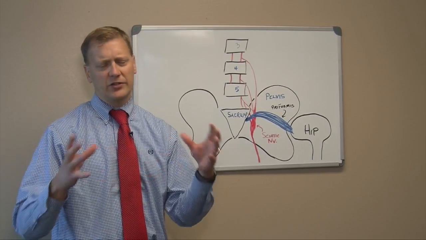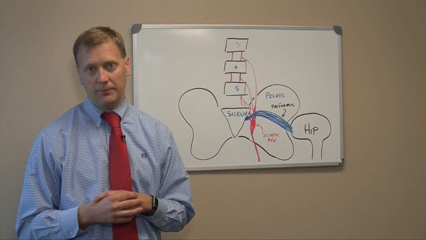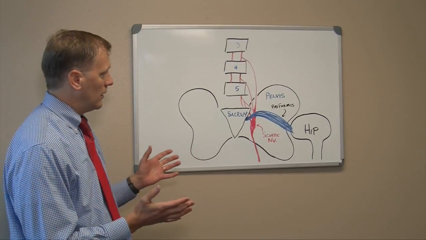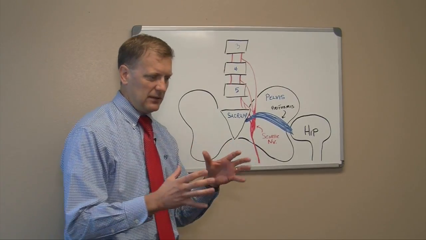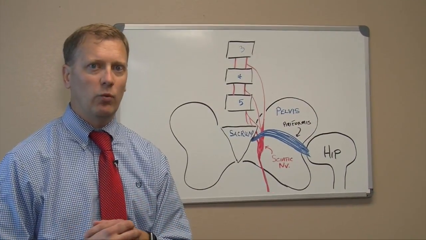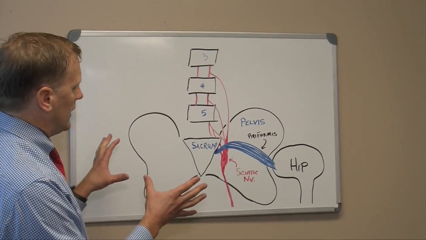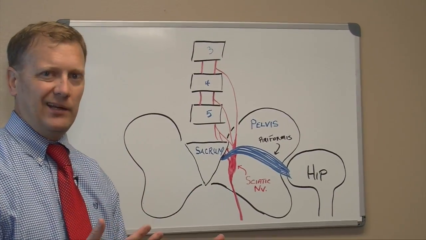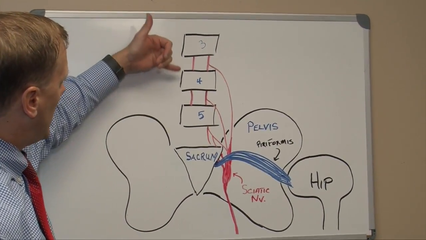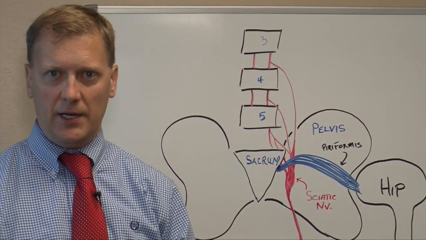To really understand what sciatica is, you have to truly understand the anatomy. So I've made a drawing of the lumbar spine and the pelvic complex to give us a good idea of what sciatica is. In this drawing, we are looking from the back side of someone. The black boxes represent the vertebra, or the bones of the spine.